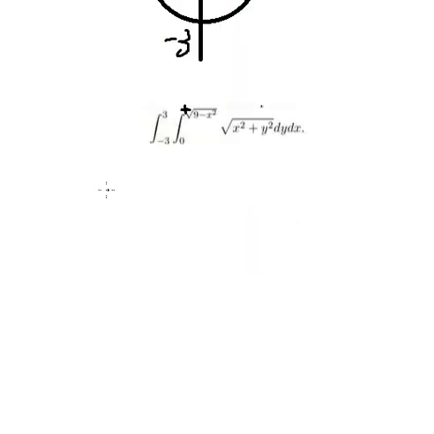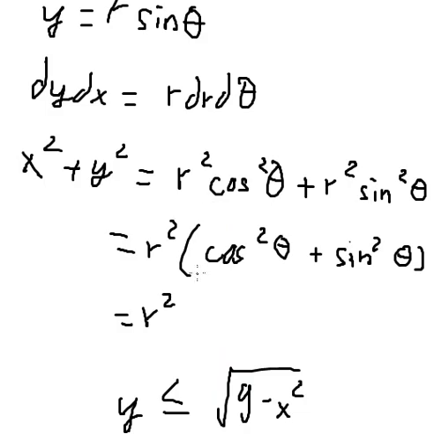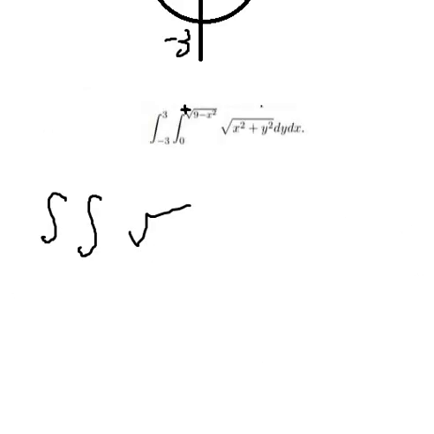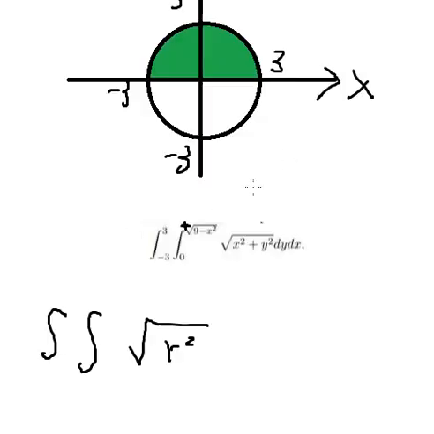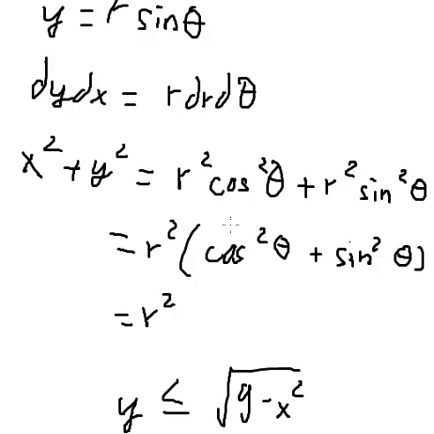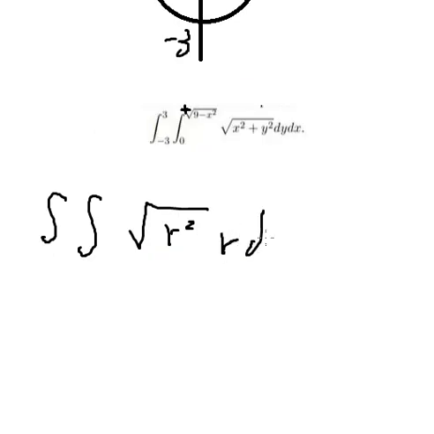Now we can put inside the bounds. x squared plus y squared we change to r squared in here. dy dx we change to r dr d theta. About this one, this is the radius of the circle, dr in here.